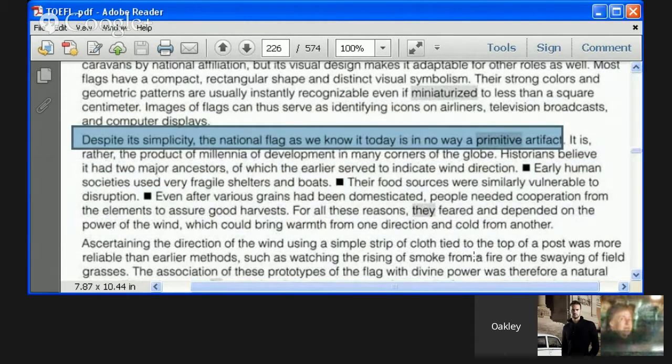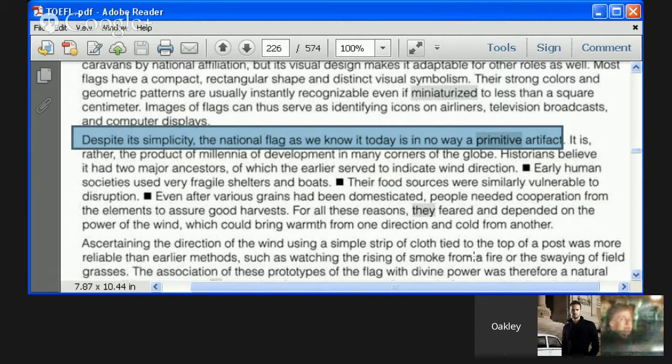So despite its simplicity, the national flag, as we know it today, is in no way a primitive artifact. Millennia, two major ancestors, early human societies.